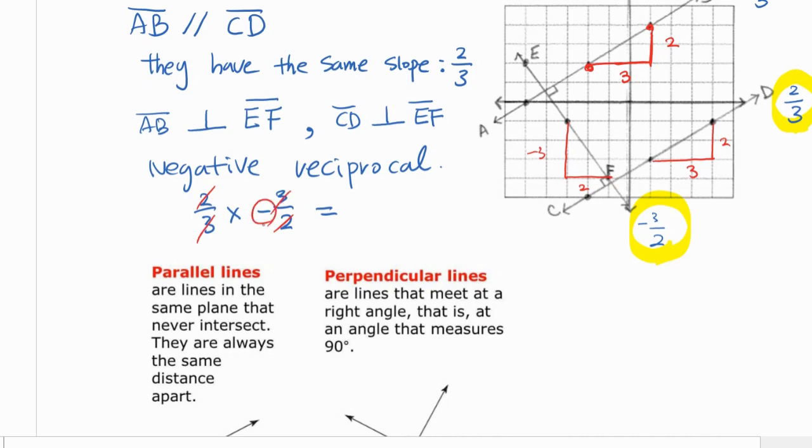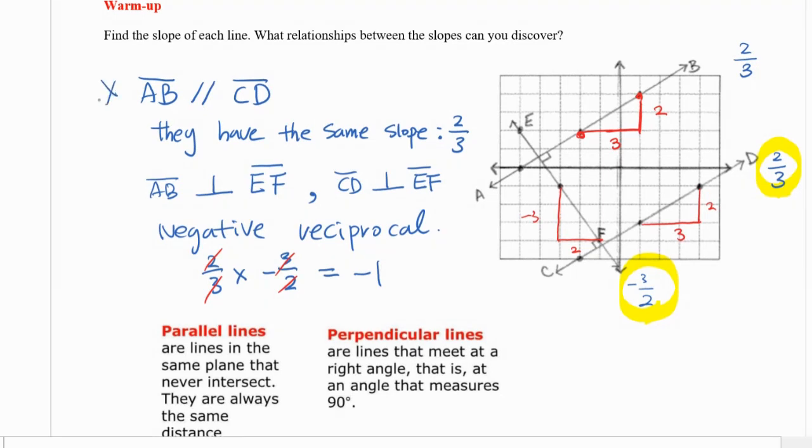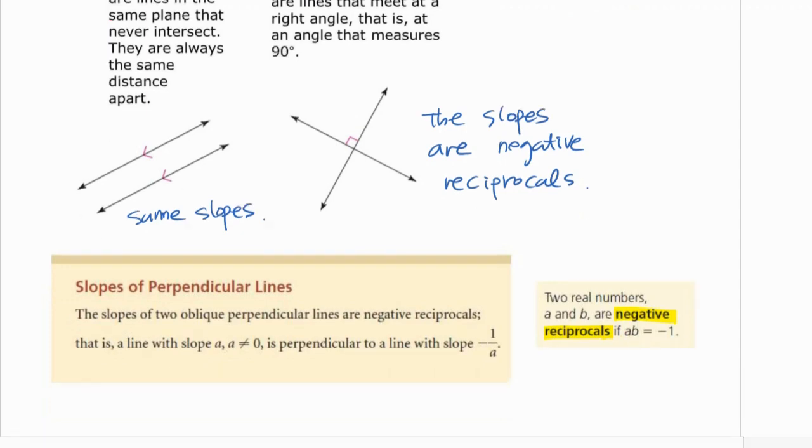The leftover is negative. So -1. So it's negative reciprocal. So remember two things. When two lines are parallel, they have the same slope. And when two lines are perpendicular, then they are negative reciprocal. Let's move on.